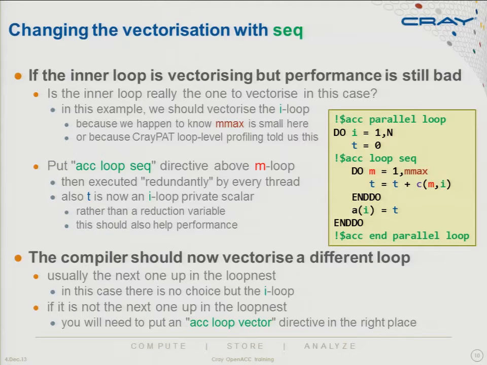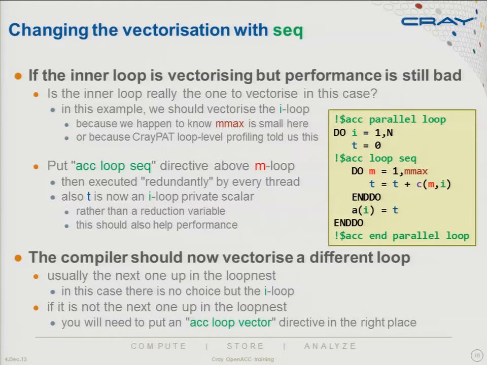If it's a sequential loop, every thread sets t to be 0, adds up its values of t, and gets the answer. This isn't a reduction variable, it's just a private variable if the parallelism is all at this level. So it can give you better performance because we've avoided a reduction variable for t.